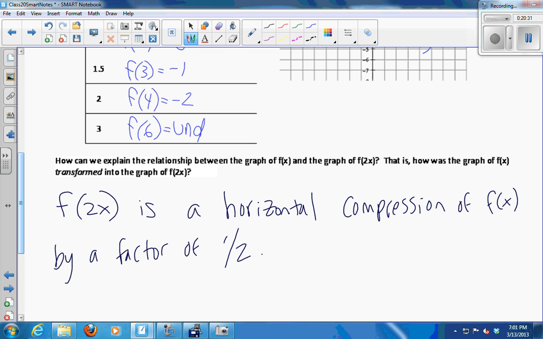So we were multiplying by 2, we shrunk by a factor of 1/2. So what do you think happens when you multiply by an arbitrary number k? What factor would you shrink by?